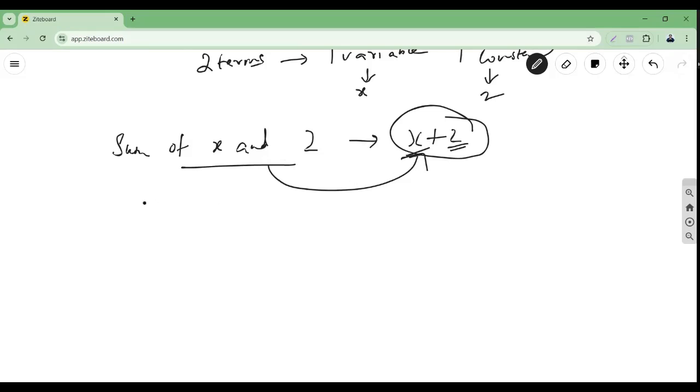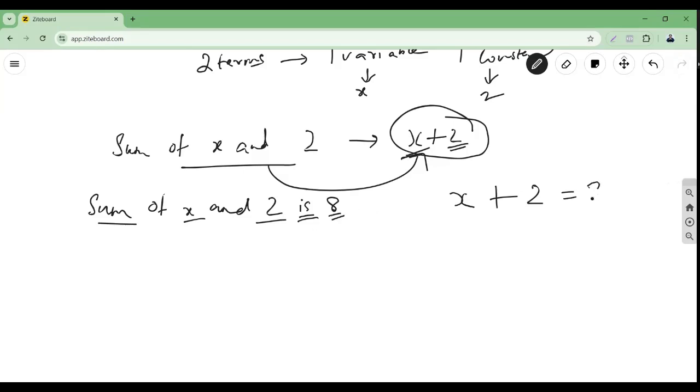Now if we say sum of x and 2 is 8, how will I write this? Sum means plus, of x and 2, and 'is' means equals 8. Now this became an equation.